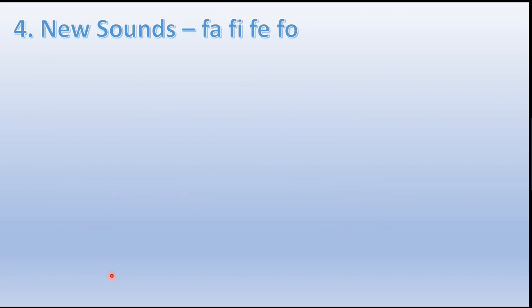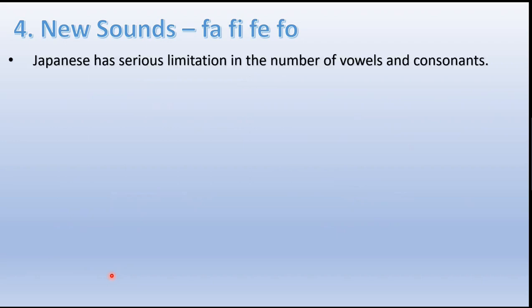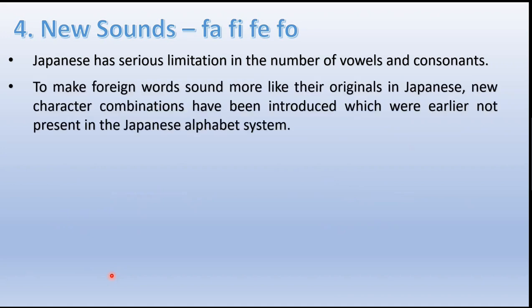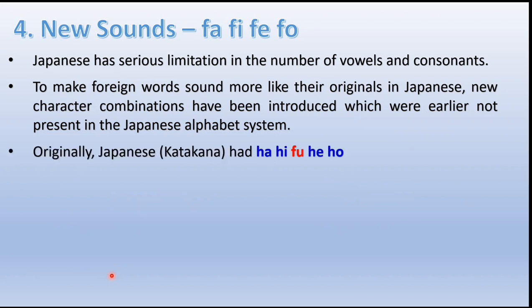Moving to the next one, which is some new sounds in katakana: fa, fi, fe, and fo. Now, Japanese has serious limitations in the number of vowels and consonants, which we have already seen. To make foreign words sound more like their originals in Japanese, new character combinations have been introduced, which were earlier not present in the traditional Japanese alphabet system.